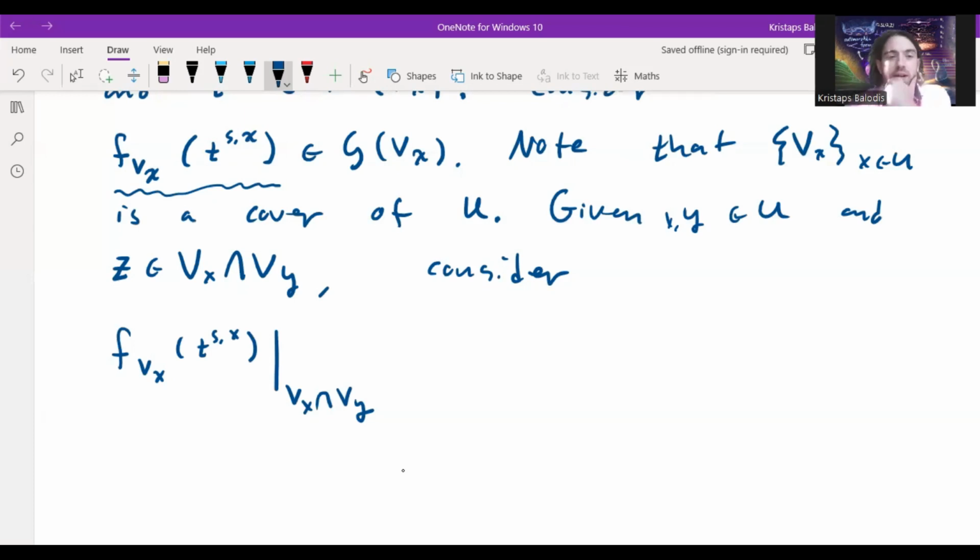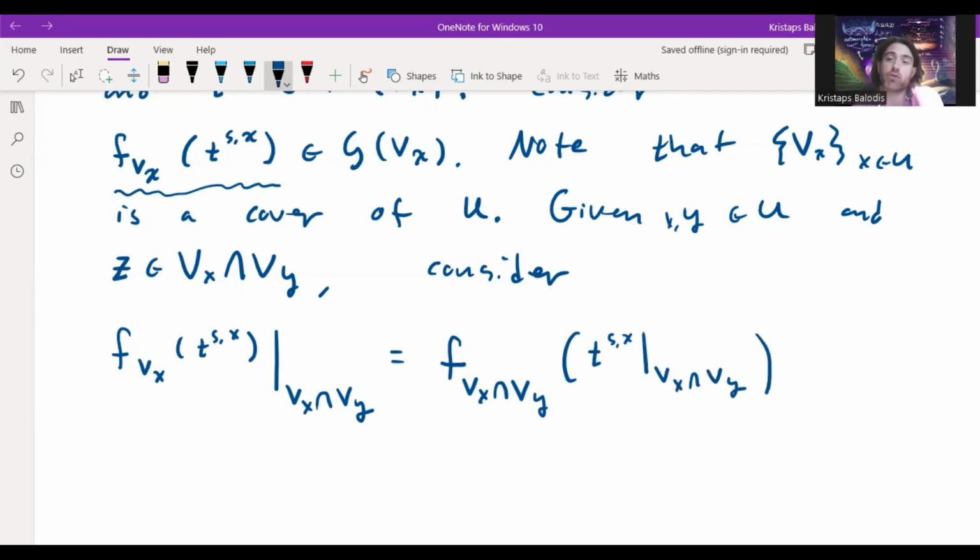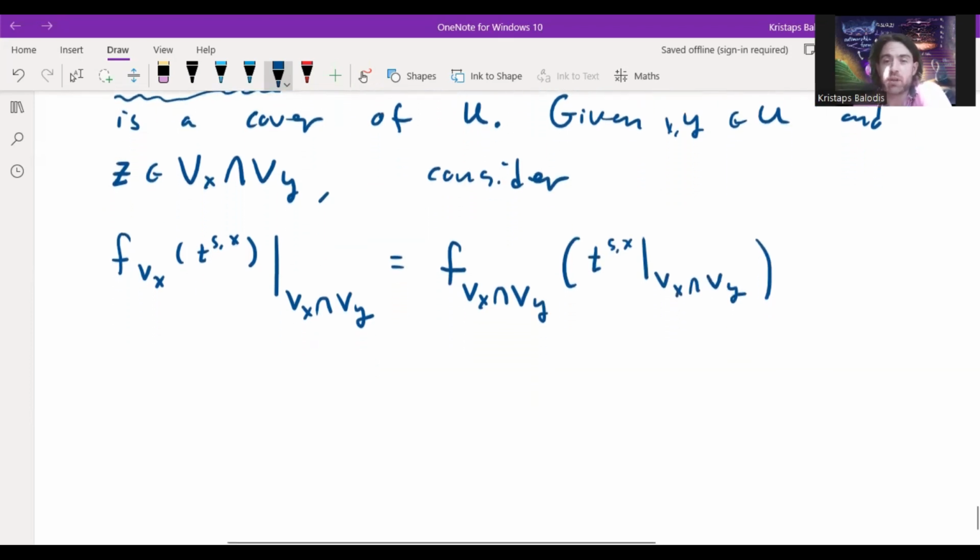Well, there's also the matter of making sure this is well defined, but in any case, the restriction of this, well, that's going to be F of V x intersect V y applied to t S x restricted to the intersection. Because remember, F is assumed to be a sheaf morphism, so it respects the restriction maps.